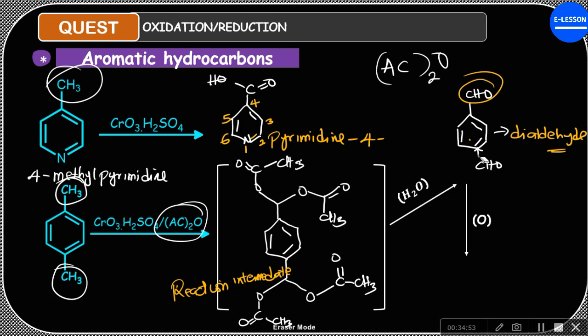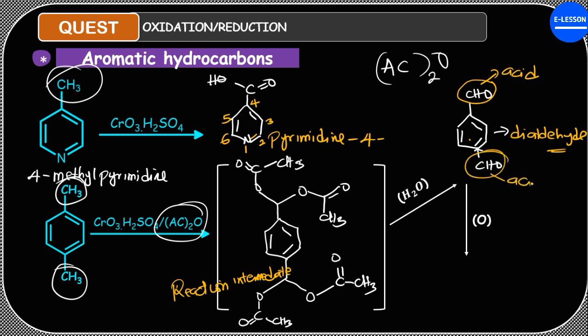So when this dialdehyde is oxidized, recall that this aldehyde functional group can be oxidized to give us an acid, and this can also be oxidized to give us another acid. So when they are oxidized, the product of this reaction will become a diacid, right? Dicarboxylic acid, which will now be something like this.